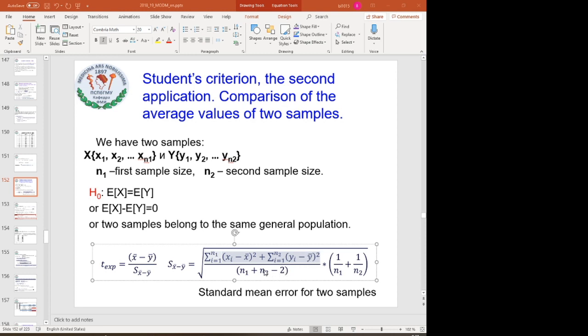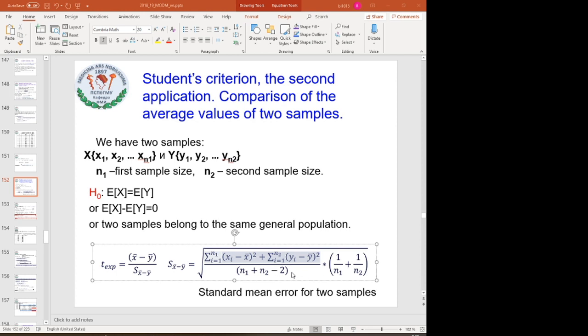In place of n minus 1, the number of degrees of freedom for one sample, we have degrees of freedom for the first sample n1 minus 1, and degrees of freedom for the second sample n2 minus 1. If we add, then it will be n1 plus n2 minus 2.